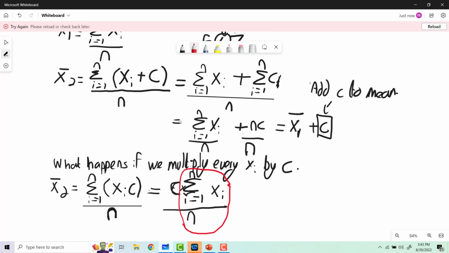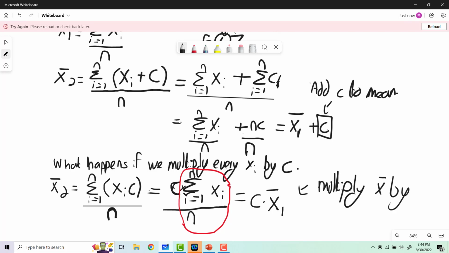You can see this is going to be c multiplied by x bar. So this is just going to be c times my x bar 1. So the answer here is, if we multiply every xi by c, we multiply x bar by c.